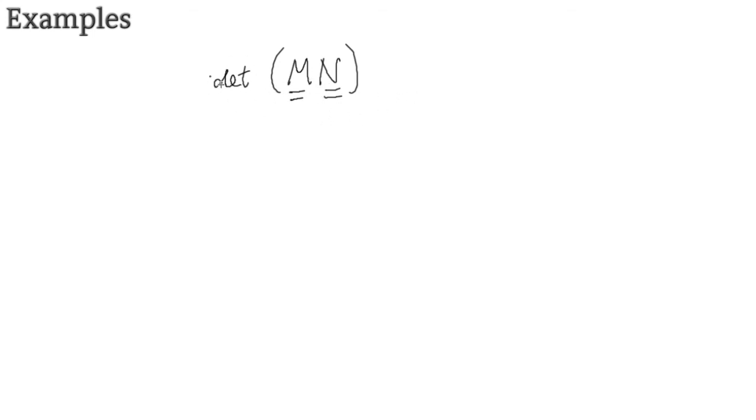So the determinant of the transformation M after n is equal to the determinant of M multiplied by the determinant of n.